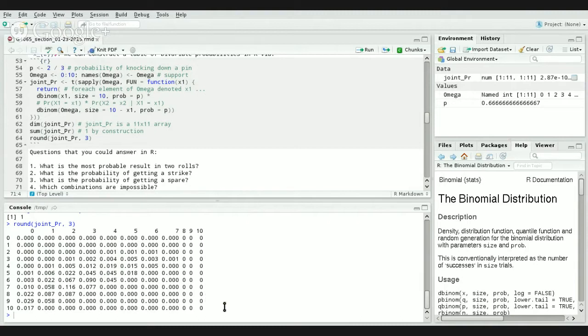To do this in R, if we go to the first question, what is the most probable result in 2 rolls? We can see by inspection that the most probable result is the one that has the highest probability.